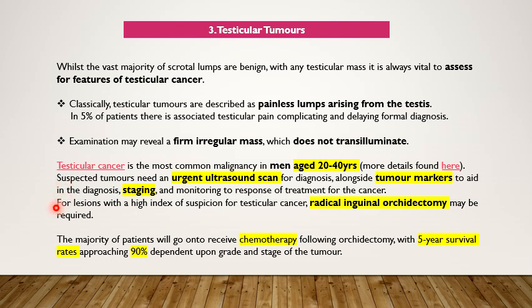For lesions with a high index of suspicion for testicular cancer, a radical inguinal orchidectomy may have to be carried out, and that will give you the tissue diagnosis and confirmatory diagnosis of the type of cancer the patient may be having.